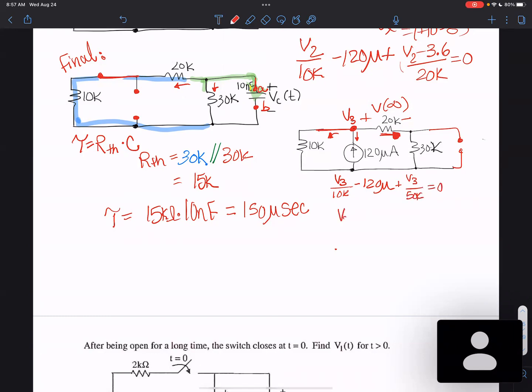And then I would solve for V3, and then from here, I would do a voltage divider. And so V final here would be V3 times 20K over 50K.